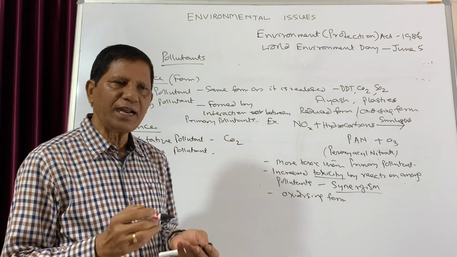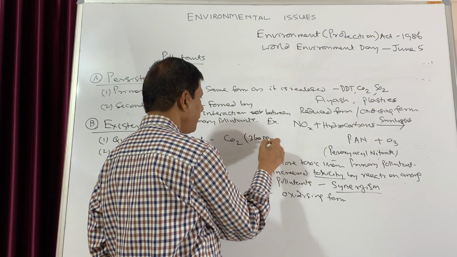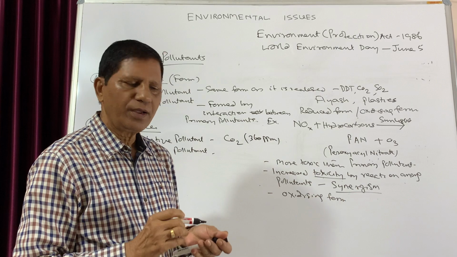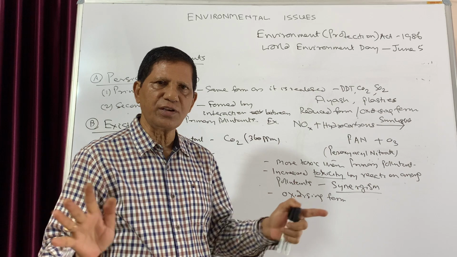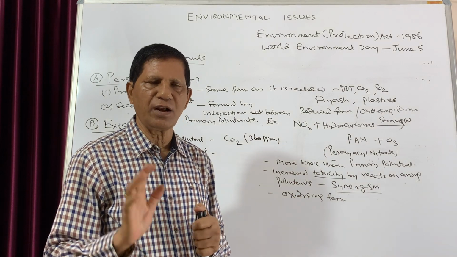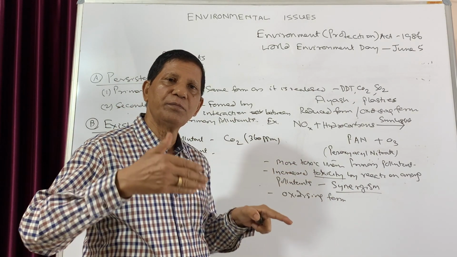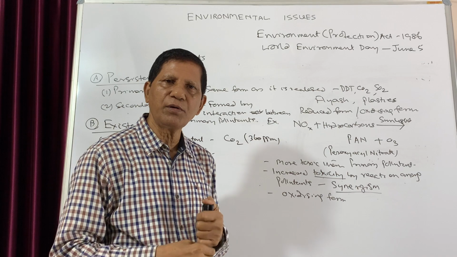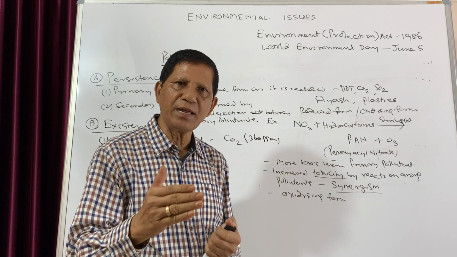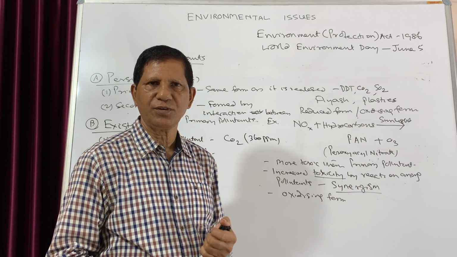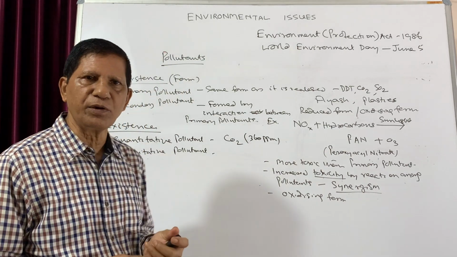Carbon dioxide in the atmosphere is present at 360 ppm, parts per million. At this concentration, all the organisms are functioning, the plants carry out photosynthesis, everything is normal. But if the carbon dioxide concentration is increased up to 500, 600, 700, what will happen? That will lead to global warming. So at that time, it becomes a pollutant. That means when the quantity is increasing, then it is acting as a pollutant.